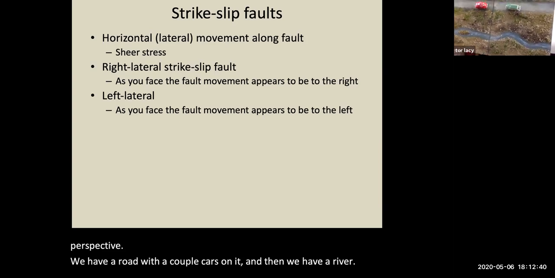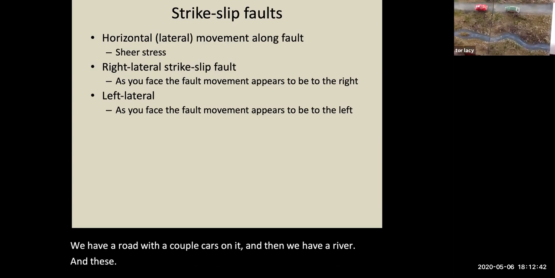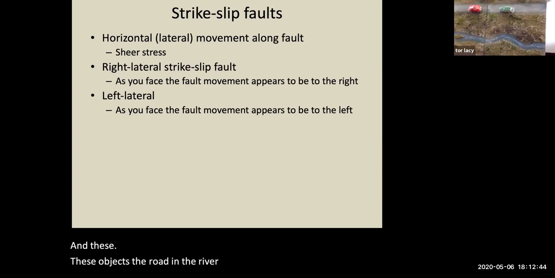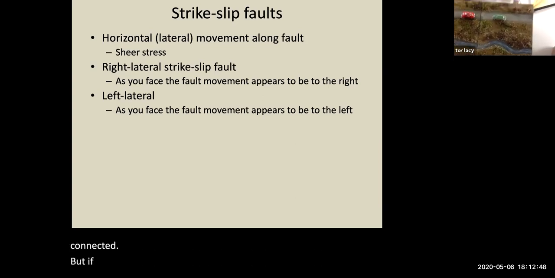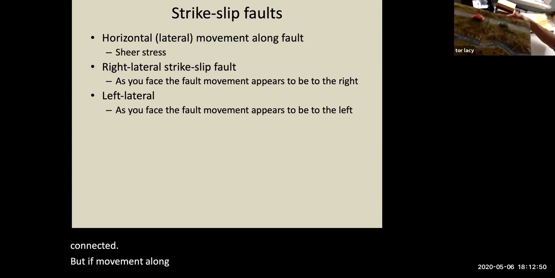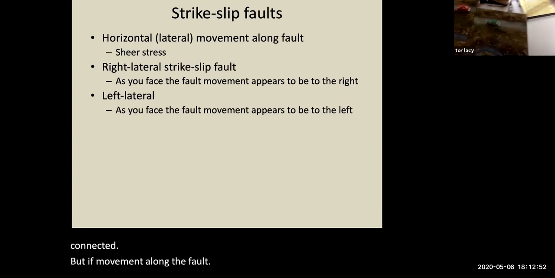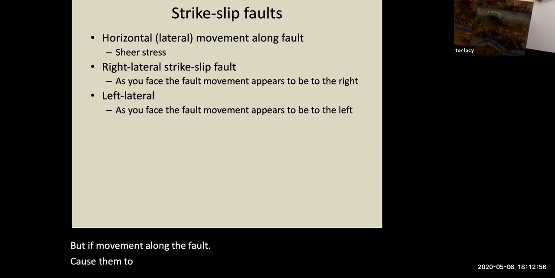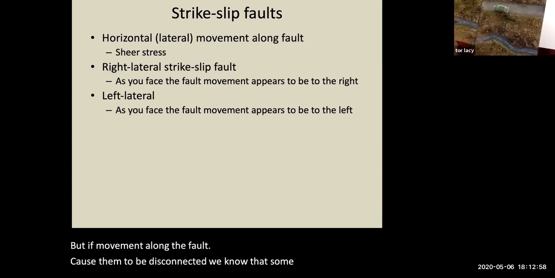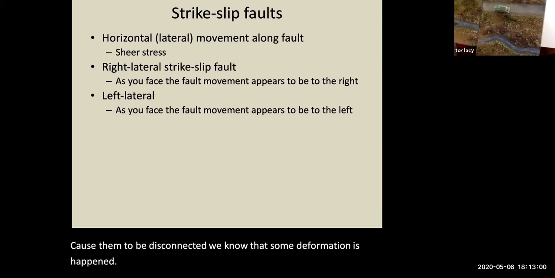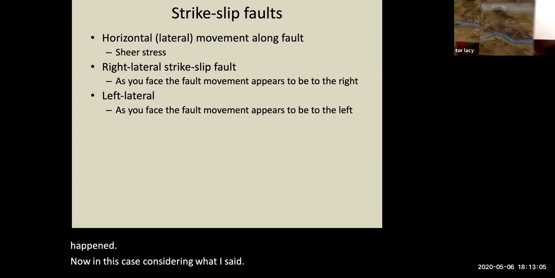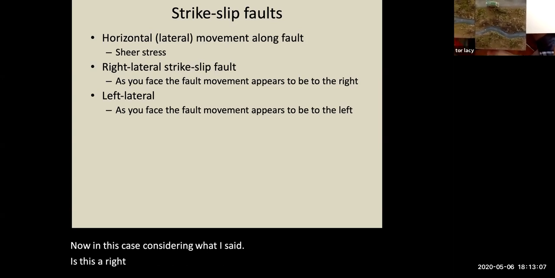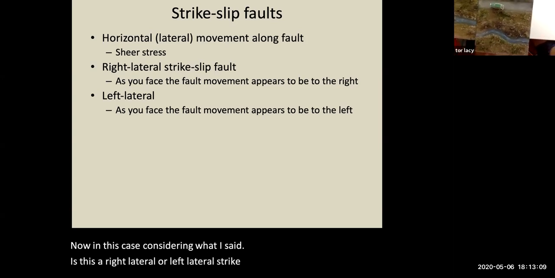These objects, the road and the river, should be continuous and connected. But if movement along the fault causes them to be disconnected, we know that some deformation has happened. Now in this case, considering what I said, is this a right lateral or left lateral strike slip fault?